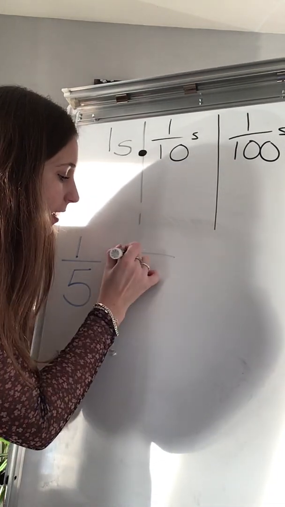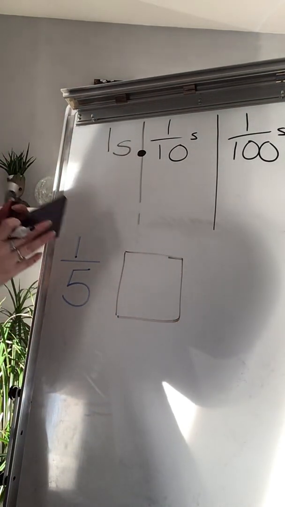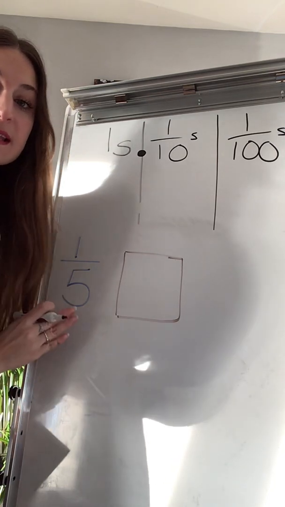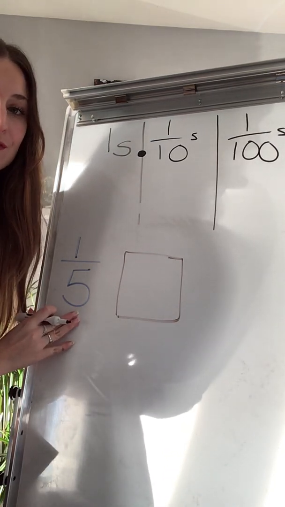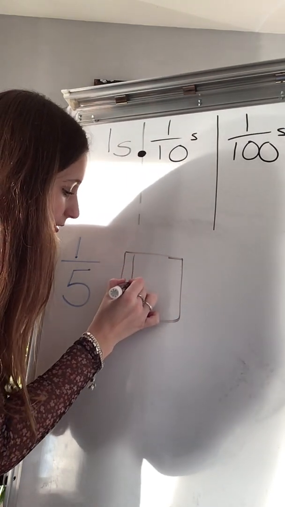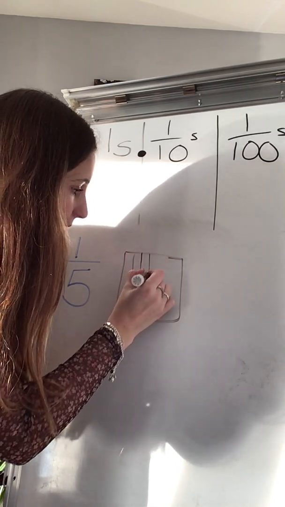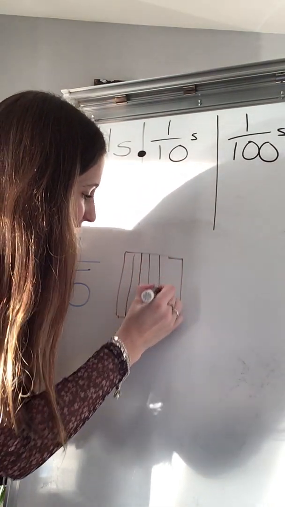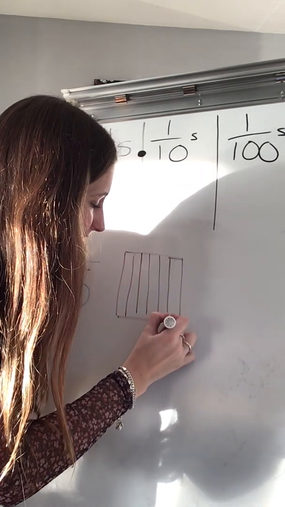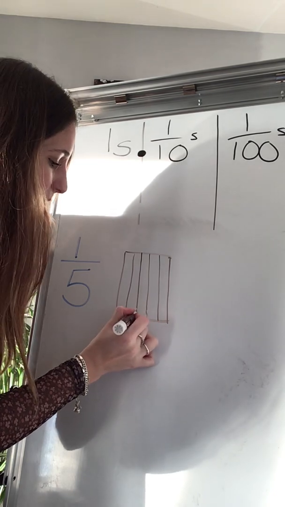I'm going to draw a square, a whole, and I am dividing it into 5 equal parts, okay? I'm going to remember that my drawings aren't that equal sometimes. You just need to play along and try to see it as equal for me, please.